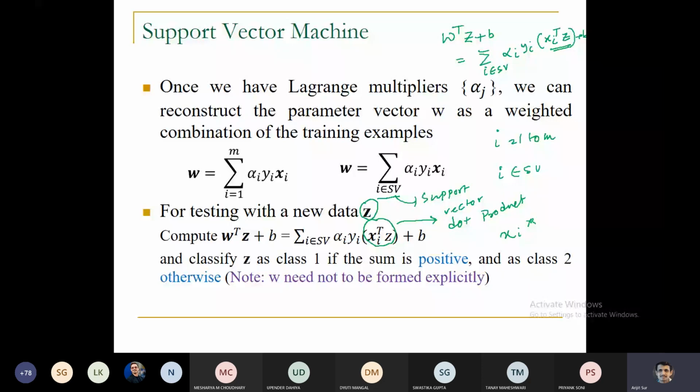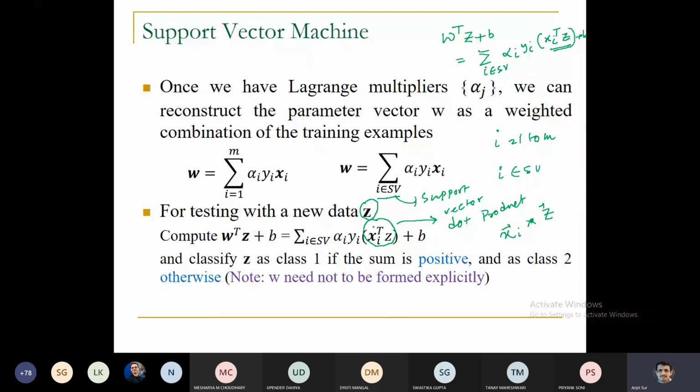So the computational complexity becomes very low if you know only the support vectors. W need not be found explicitly; the W vector is not required.